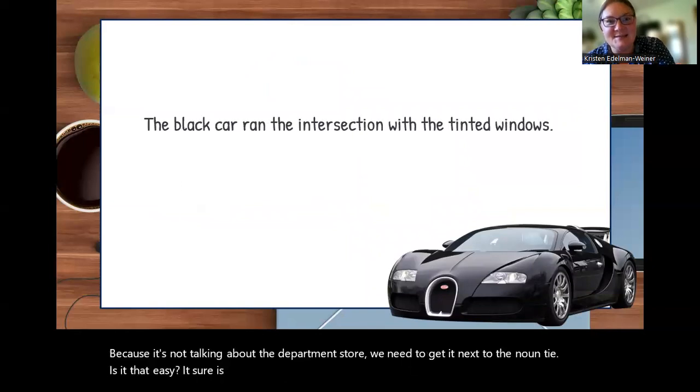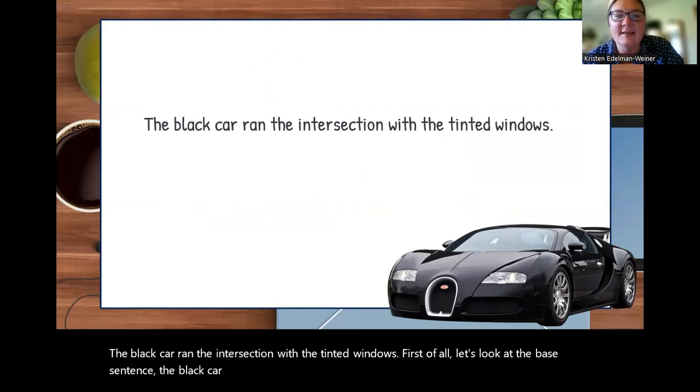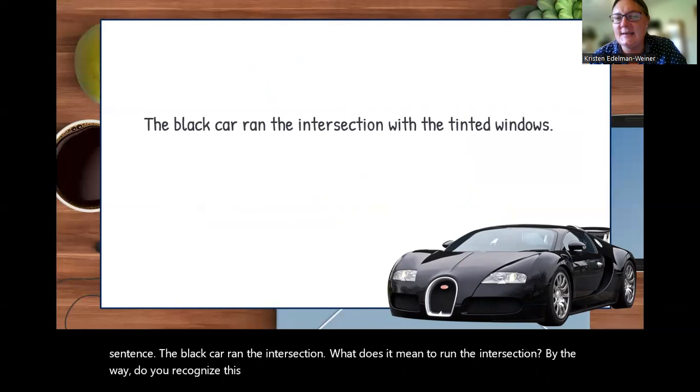Take a look at this sentence. The black car ran the intersection with the tinted windows. First of all, let's look at the base sentence. The black car ran the intersection. What does it mean to run the intersection, by the way? Do you recognize this phrase?